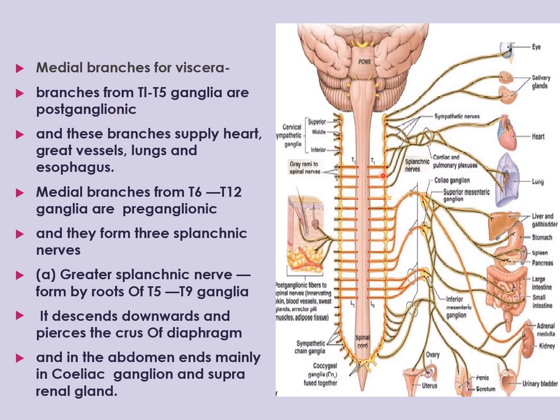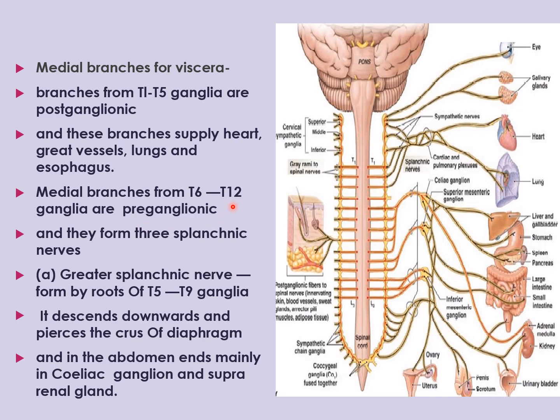Remember this one: T1 to T5, 1, 2, 3, 4, 5. These branches are postganglionic, and they supply the heart, great vessels, lungs and esophagus. As we can see in this diagram, the heart, lung, great vessels and esophagus are supplied by T1 to T5 postganglionic fibers.